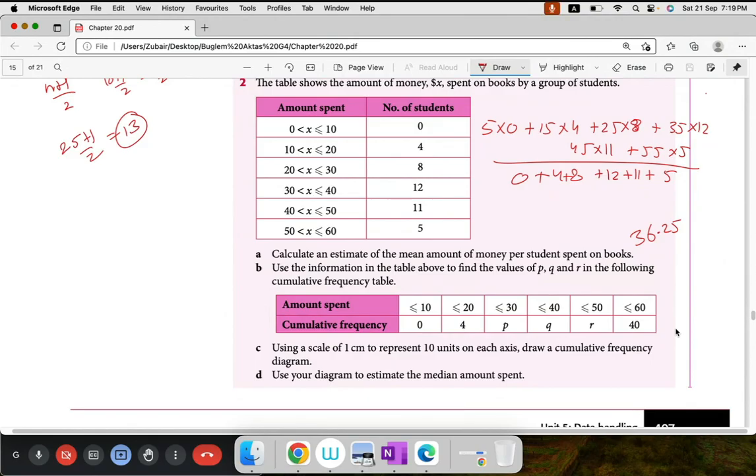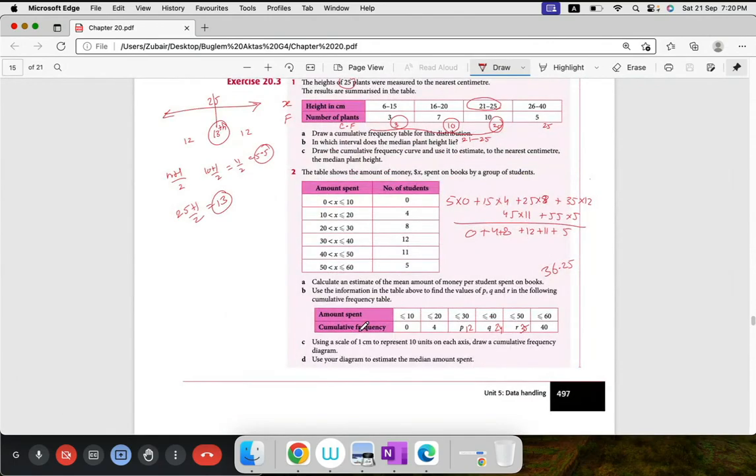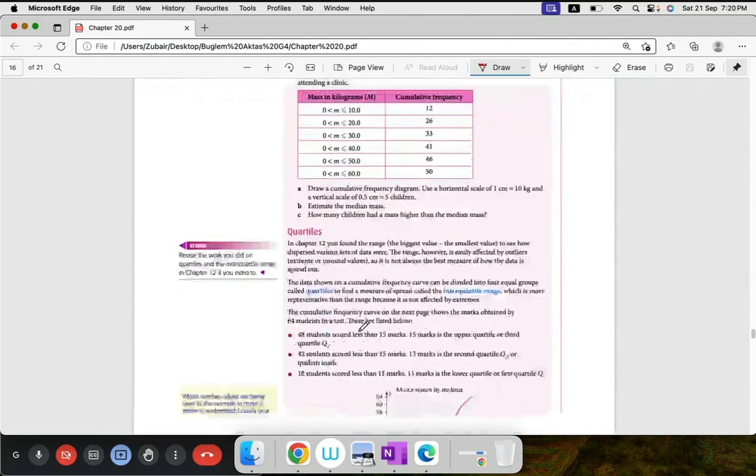No, it should be 12. And then Q should be 24, and then R should be 35. And then it says draw and find the median. Do you have graph paper available with you?